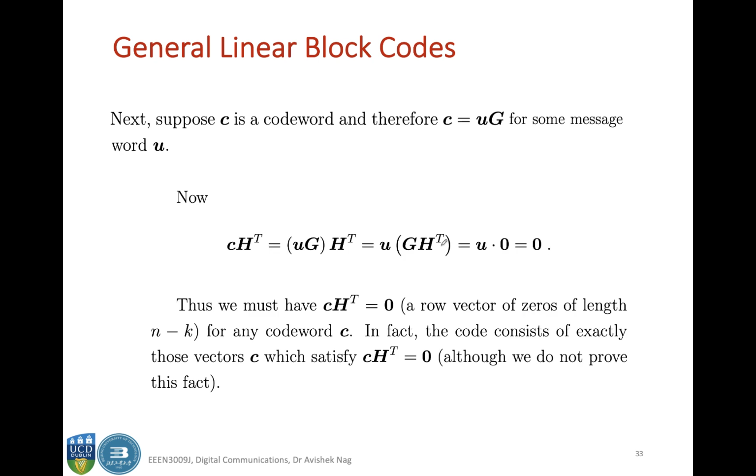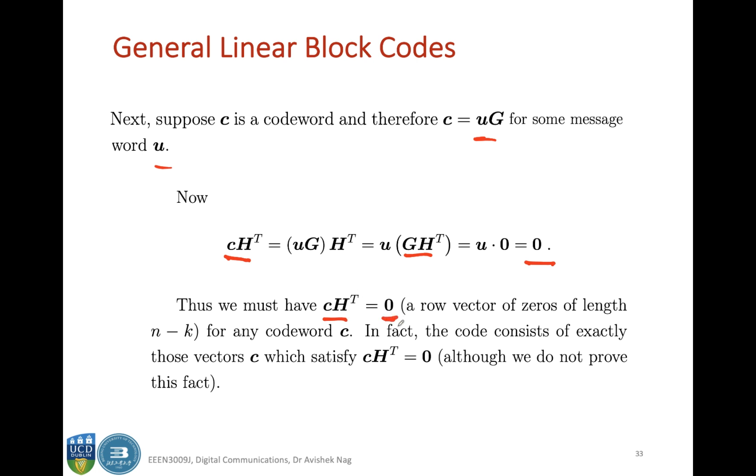And then suppose C is a code word, and therefore C equals U times G for some message U. Then if you do C times H transpose, then G H transpose is 0, so you will have 0. Okay. So therefore, if your C is a valid code word, then you must have C multiplied by H transpose equal to 0.